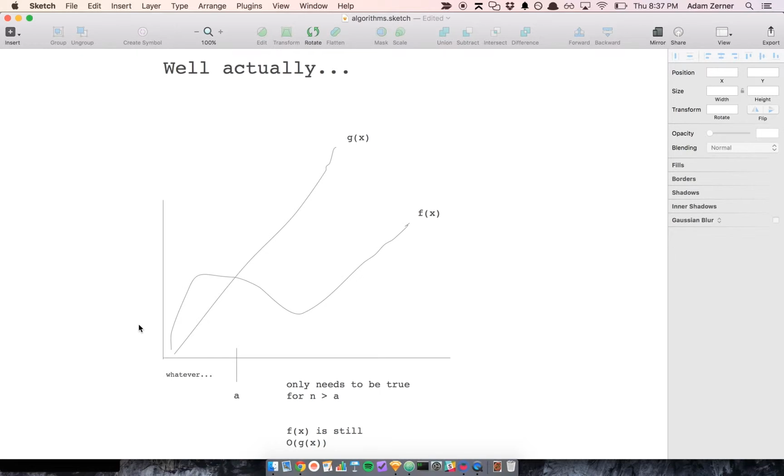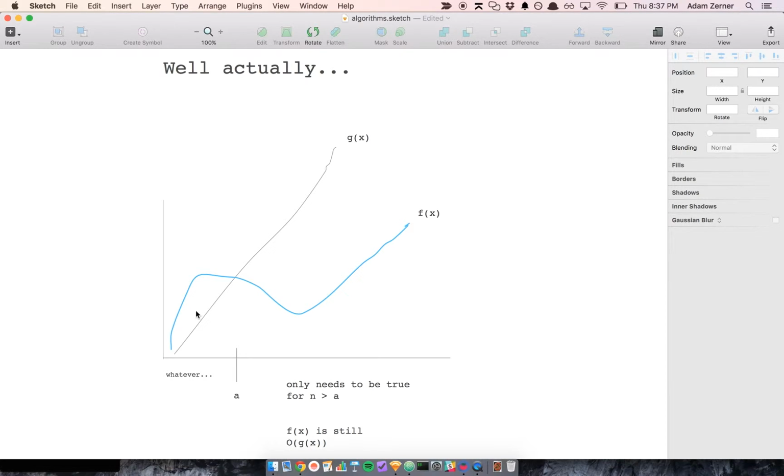Well, actually, what I just said only needs to be true for some n greater than a. If we looked at this, according to my old definition, g of x doesn't always provide an upper bound of f of x. Over here, in this area, where my mouse is, g of x is actually less than f of x.